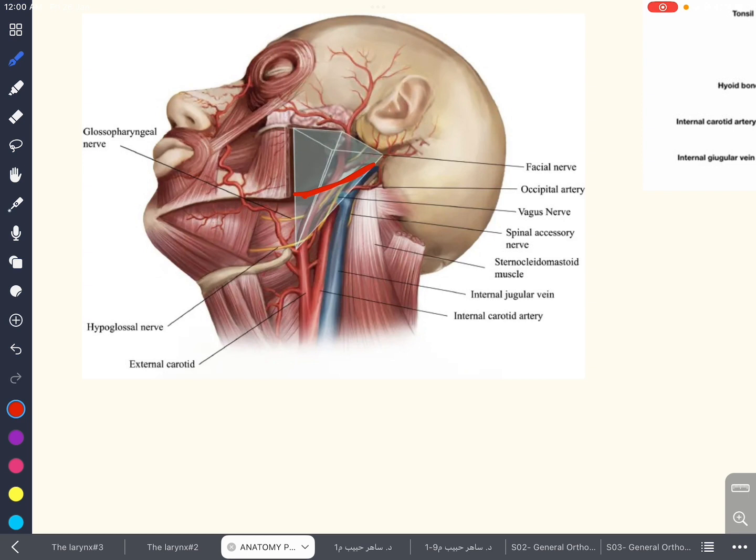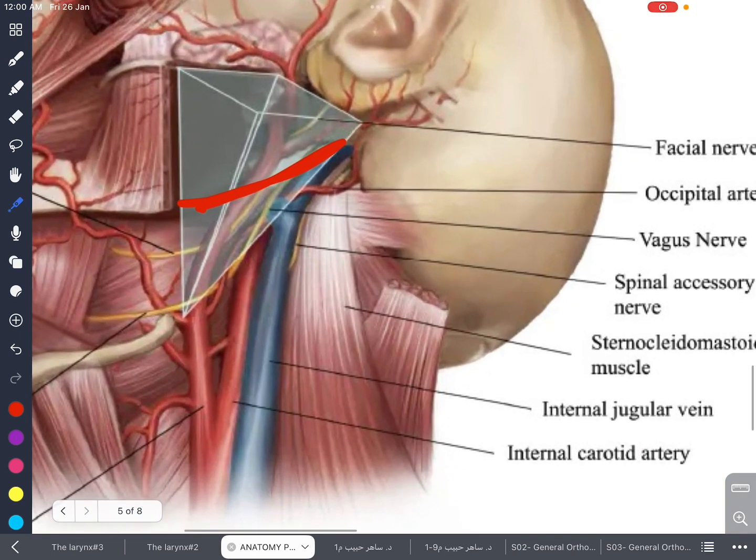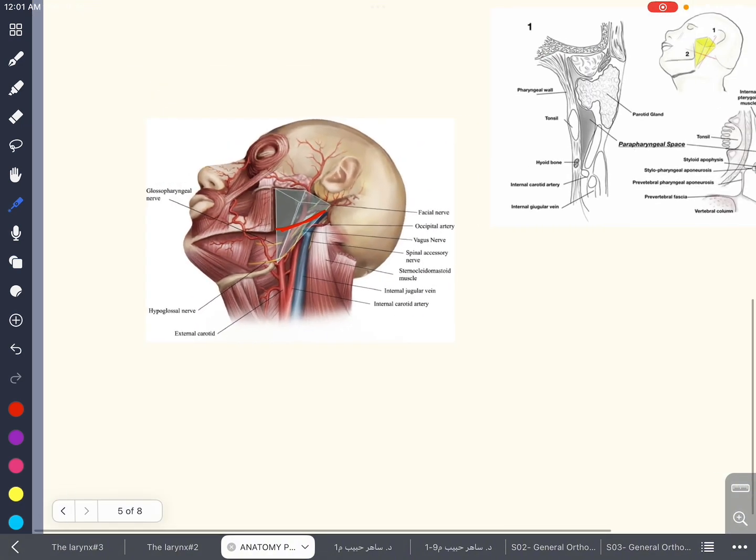The anterior part, medially, is related to the oral cavity and the tonsil, and laterally to the pterygoid muscle, while the posterior part of the parapharyngeal space, medially, is related to the oropharynx, and laterally to the parotid gland and pterygoid muscle, and we will discuss that now.